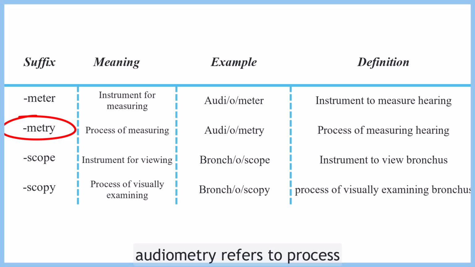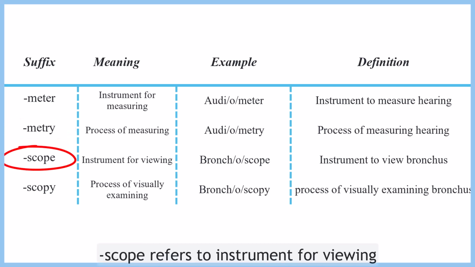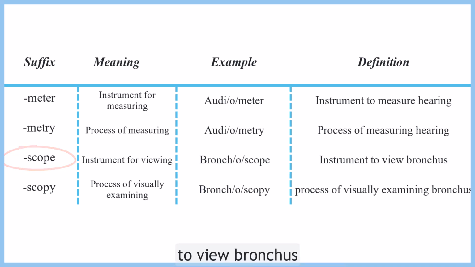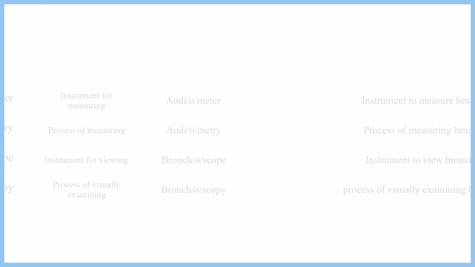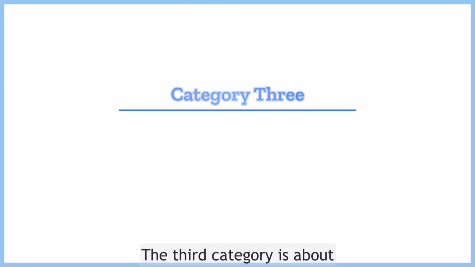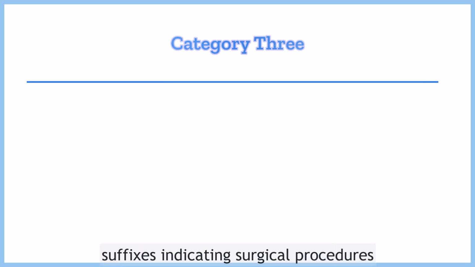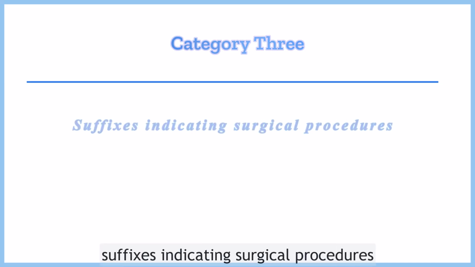Audiometry refers to process of measuring hearing. Scope refers to instrument for viewing. Bronchoscope means instrument to view bronchus. Scopy, process of visually examining. Bronchoscopy, process of examining the bronchus. The third category is about suffixes indicating surgical procedures.